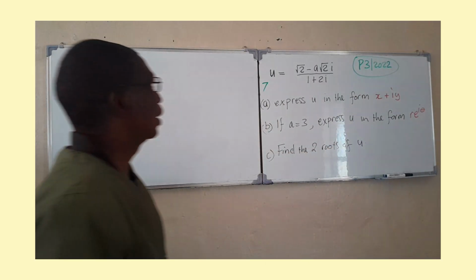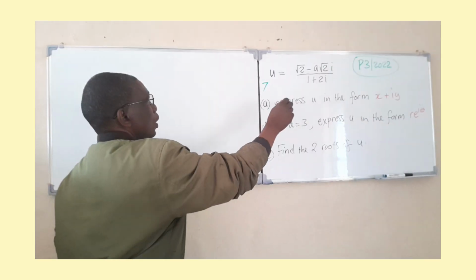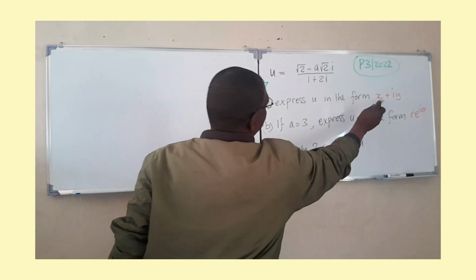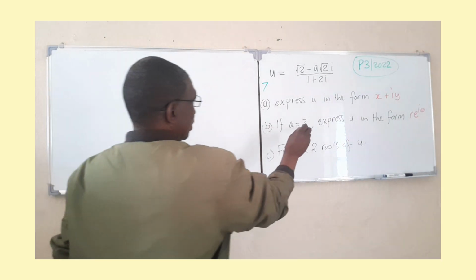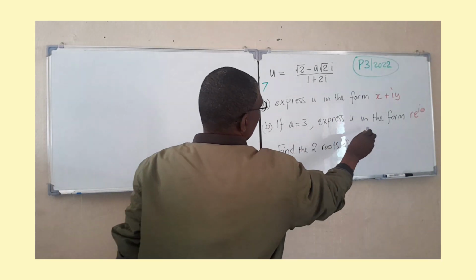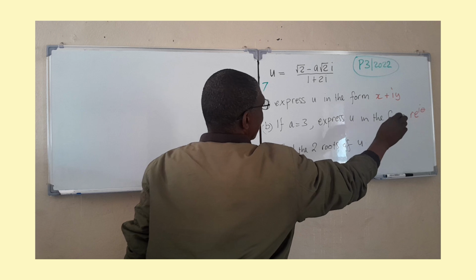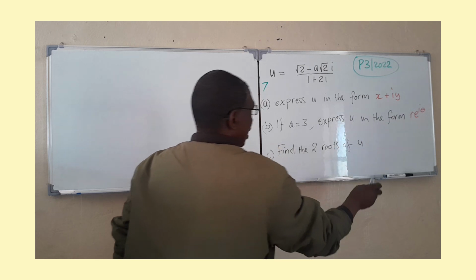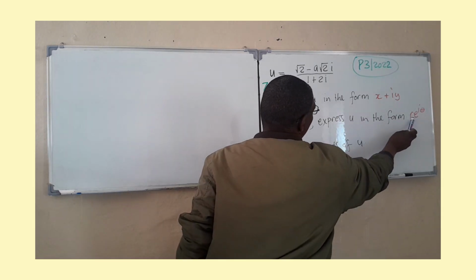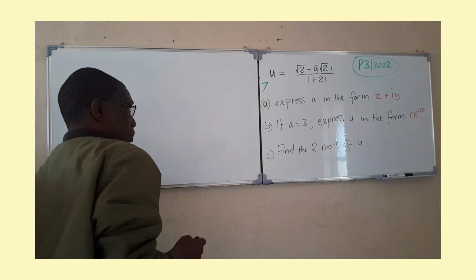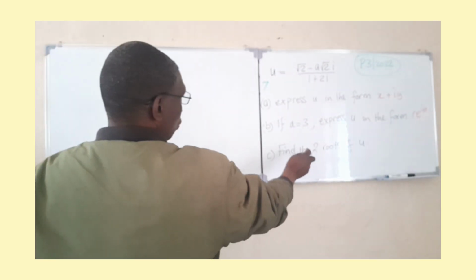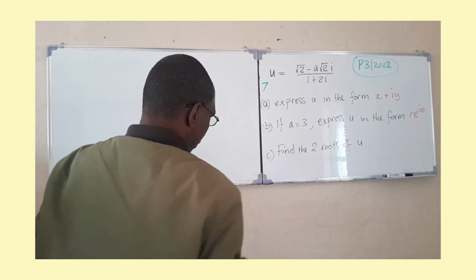In other words, express u in a form which is free of fractions. Question B says, if a is equal to 3, express u in the form r e to the power i theta. r, of course, will be the magnitude or the modulus of z, and theta is the argument of z. Finally, find the two roots of u.